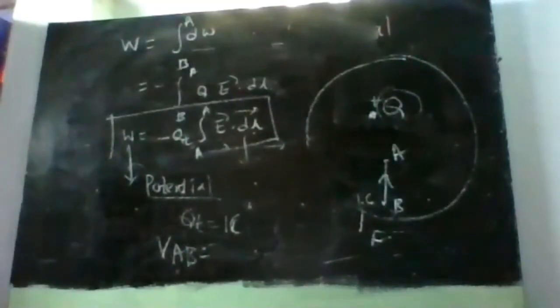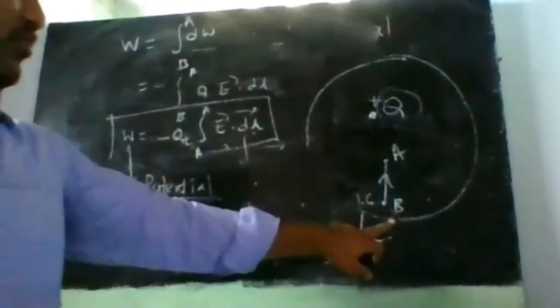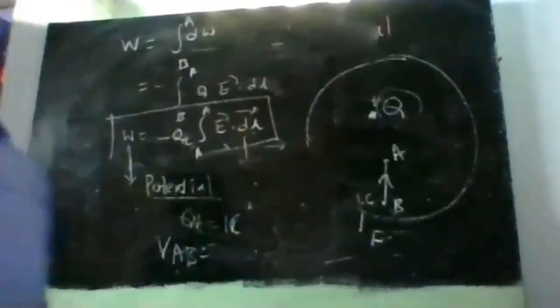Potential difference between the 2 points is nothing but the amount of work done, or the amount of energy or force that is required to move a unit test charge from point B to point A.